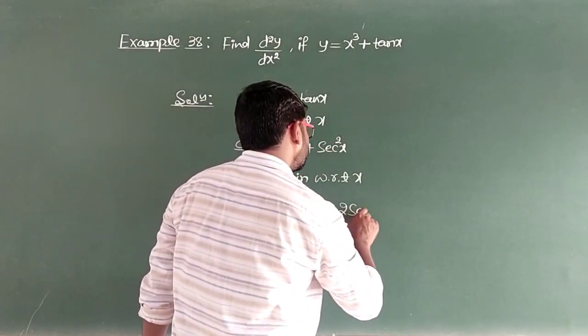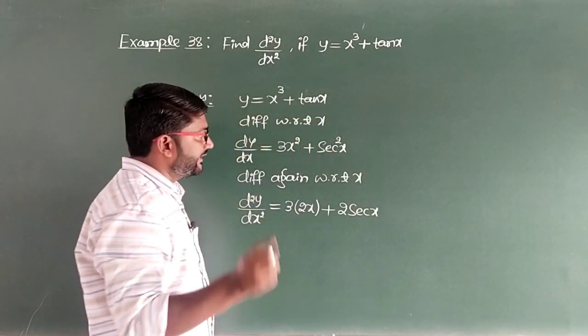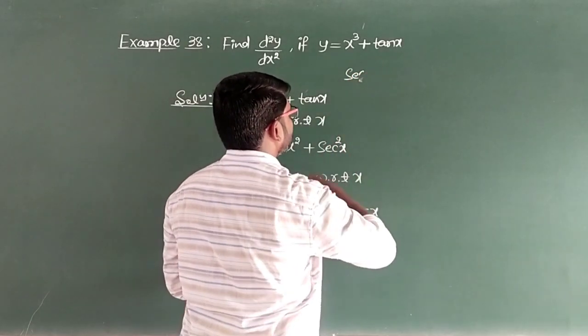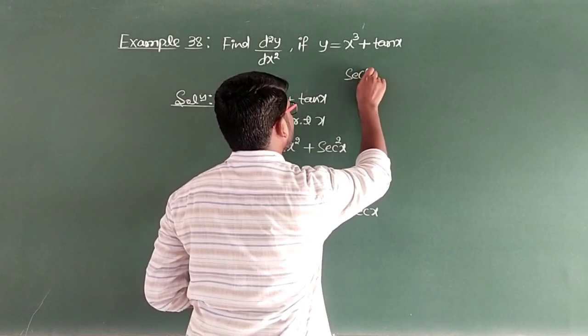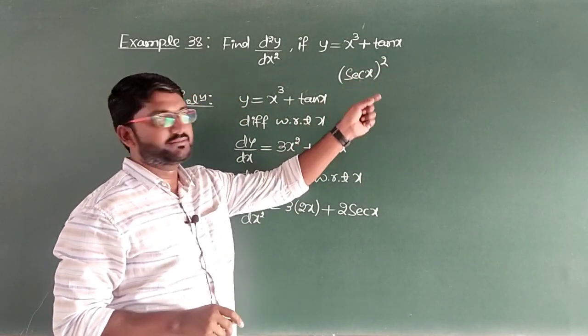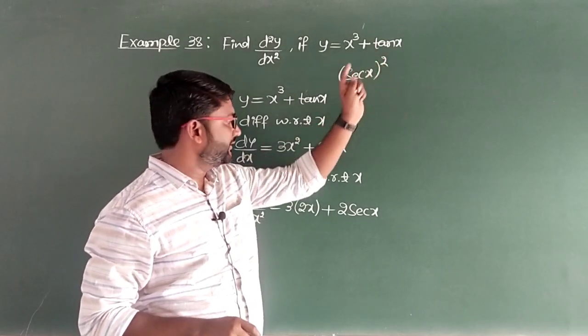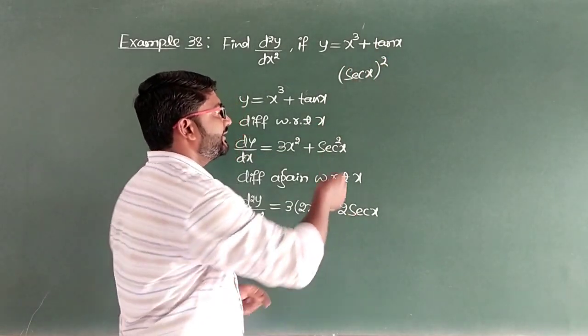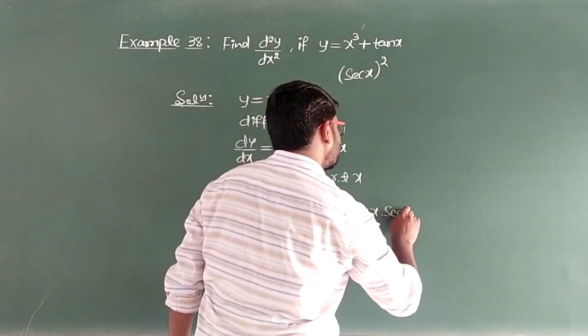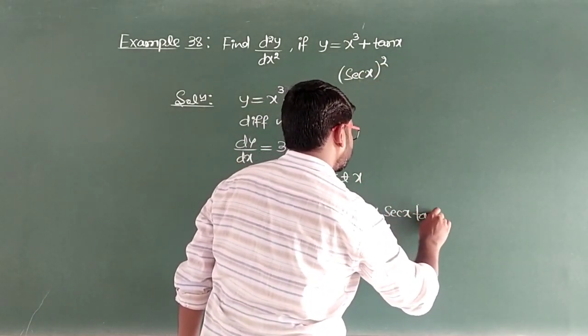2 secant x. Then derivative of secant x, secant square x means secant x the whole square, which is in the form of x to the power n. So 2 secant x and then derivative of this inside function, so it will be secant x into tan x.